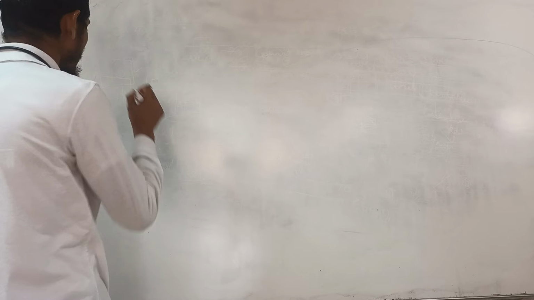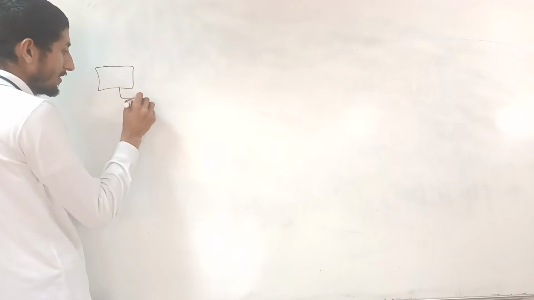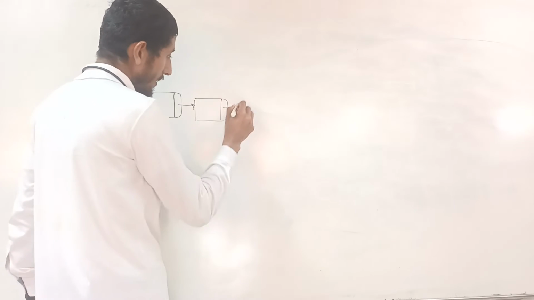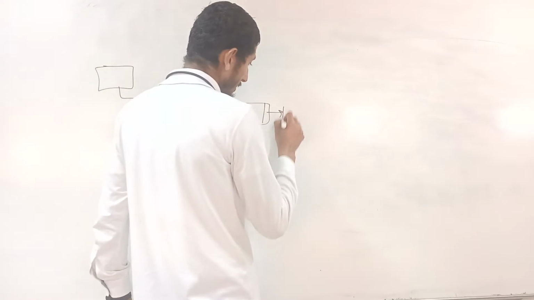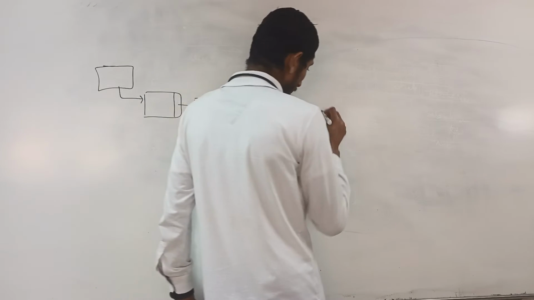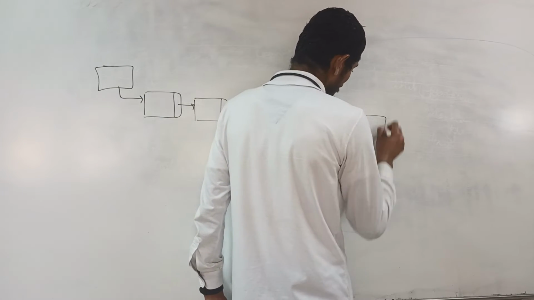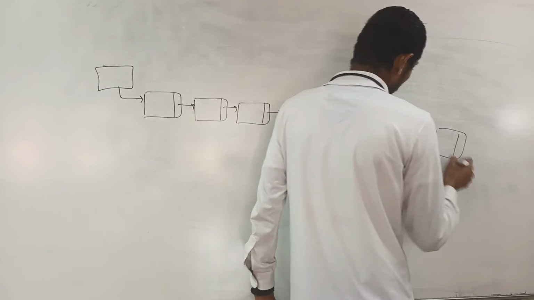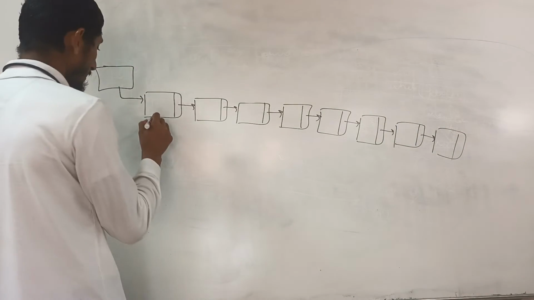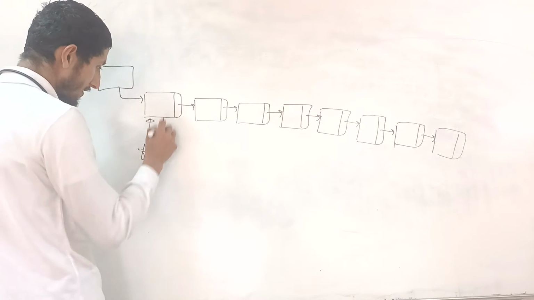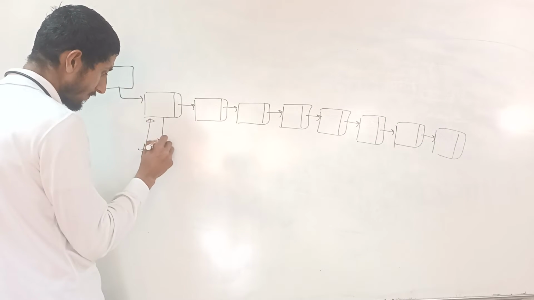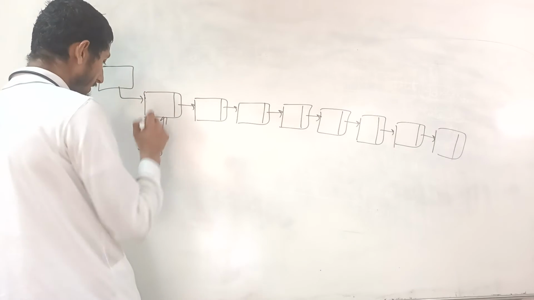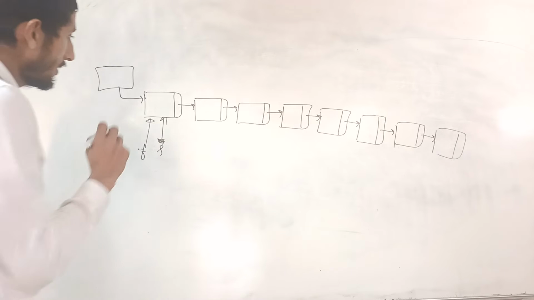The second approach says that if it is a linked list, first of all, take two pointers. The first pointer is named the fast pointer. The second pointer is named the slow pointer. So in a single loop, the first pointer, or fast pointer, will iterate two times.